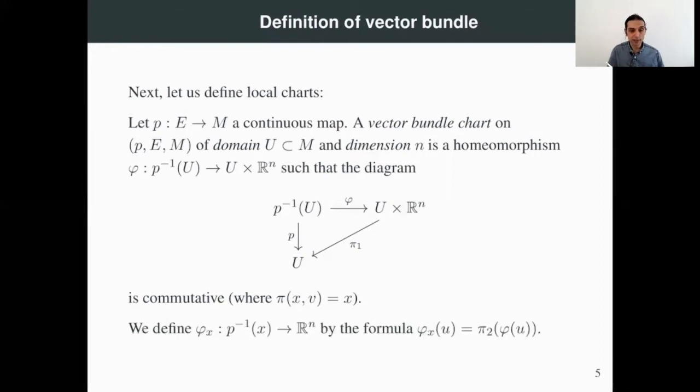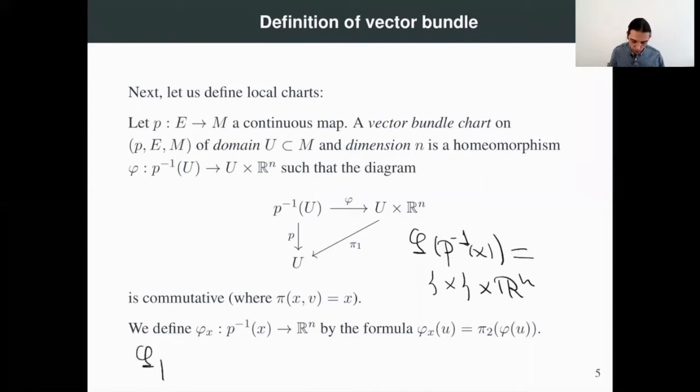And we can define this map over here phi_x, because as we just said, phi is going to send the fiber of x to the set consisting of x times R^n. And so if we restrict to this preimage and we compose with the second coordinate, okay, we have just a map that is a bijection between the fiber of x and R^n, okay?